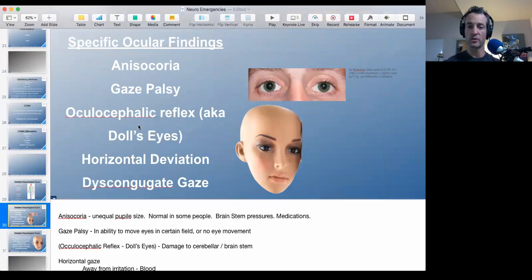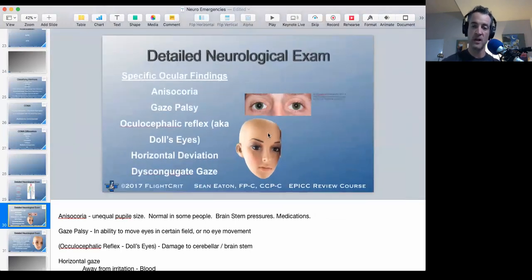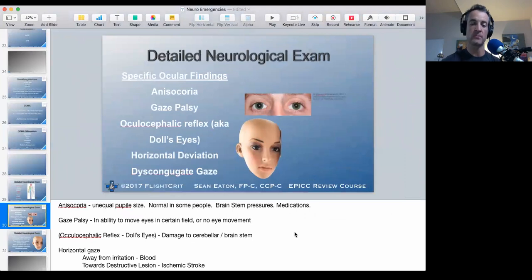Of course, you've got your different specific ocular findings. The oculocephalic reflex they do throw in there every once in a while, and this is that doll's eye. This is that patient who's sustained pretty significant damage to the brain stem or cerebellum, and if you were to take their head and turn it from side to side, their eyes don't track.